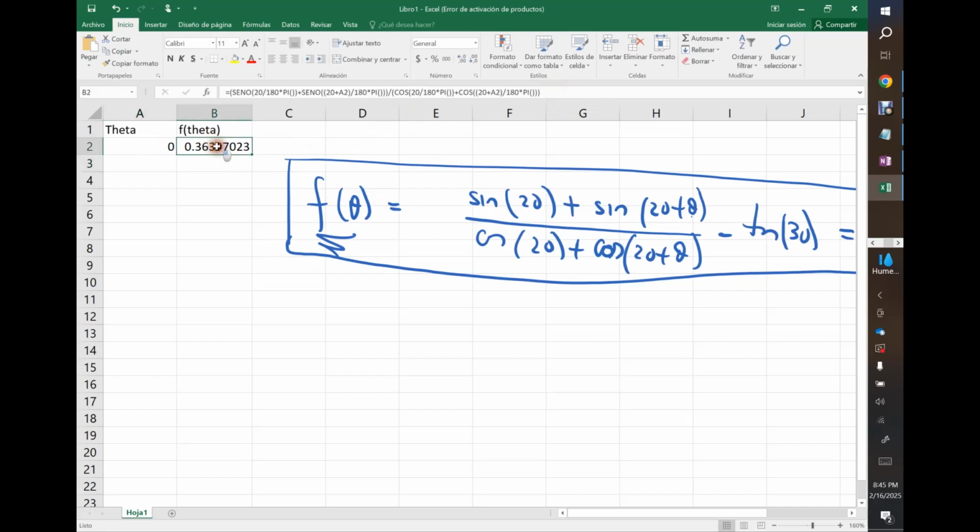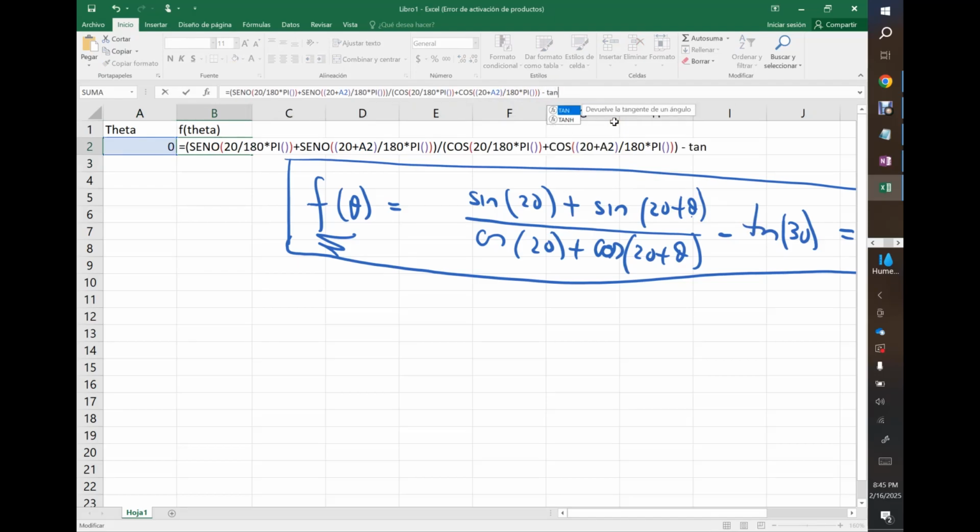All right, so let's go back here to finish this. Minus tangent of 30. Now that 30 needs to be fixed as well, so that's divided by 180 multiplied by pi, and then we finish here.